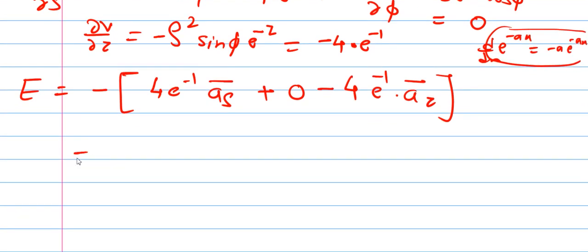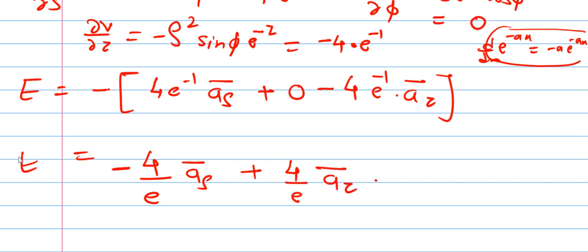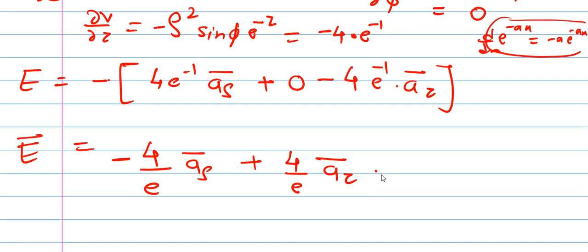The final answer is minus 4 by e a rho vector, and minus minus becomes plus 4 by e az vector. So this is the answer of electric field at the given coordinates.